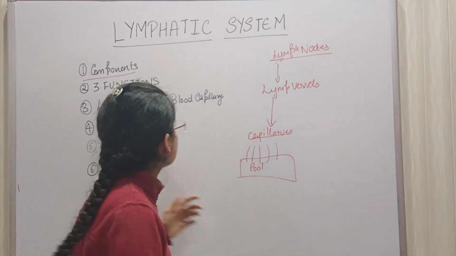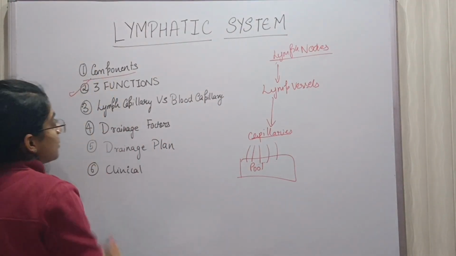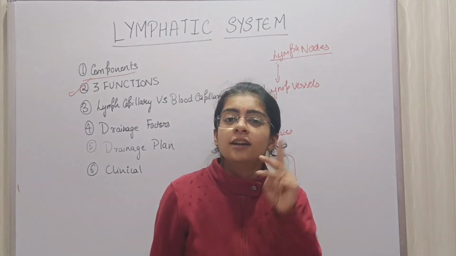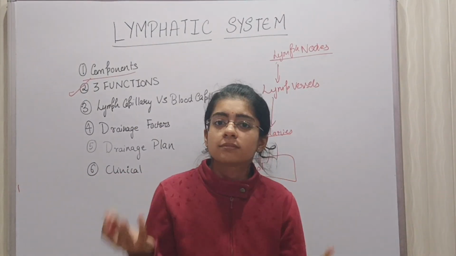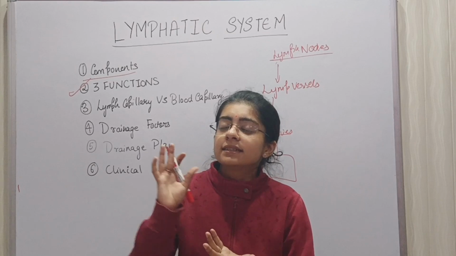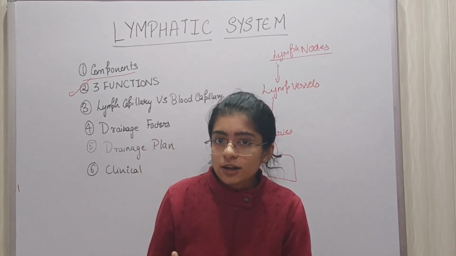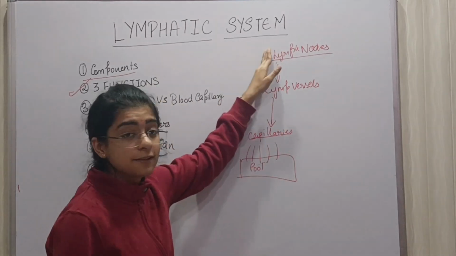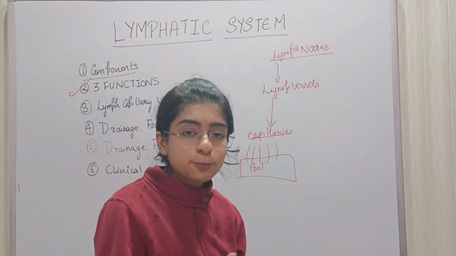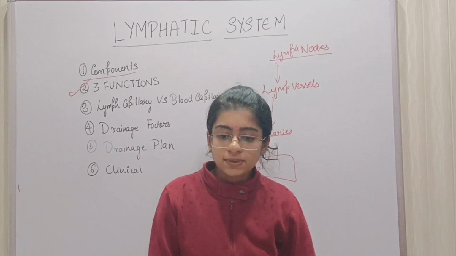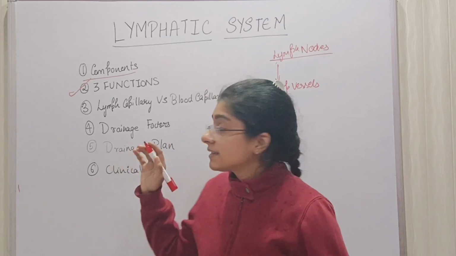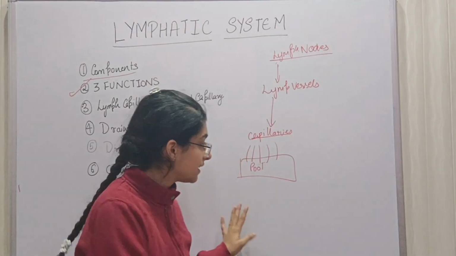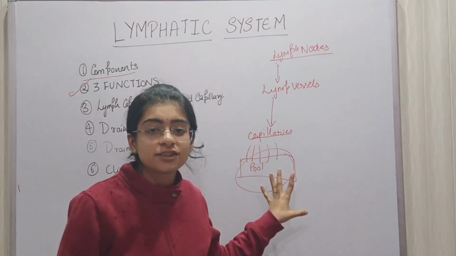Next we move on to the functions. There are three functions. One we already know, that is immune function. It provides us immunity. How? I told you, the lymph nodes are the checkpoints for various pathogens. Next is collecting the excessive tissue fluid which was there in the pool, the interstitial space.